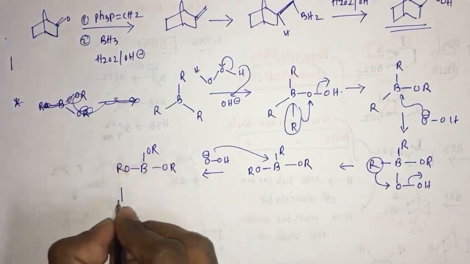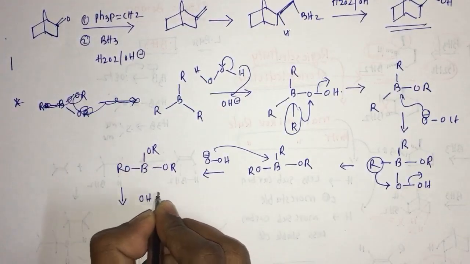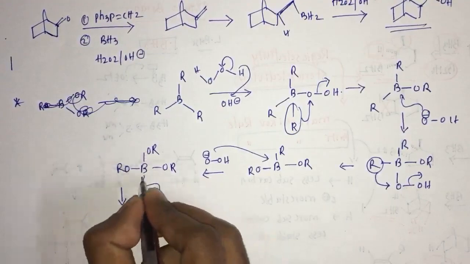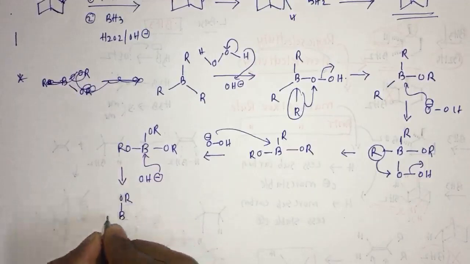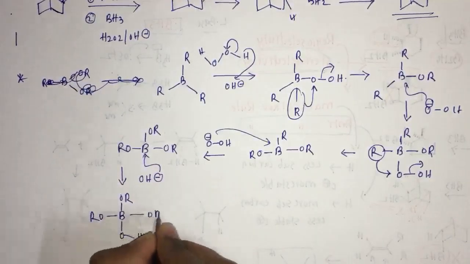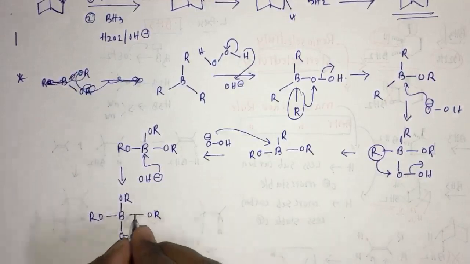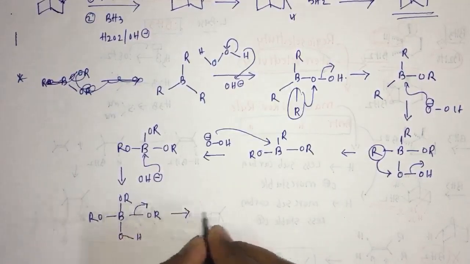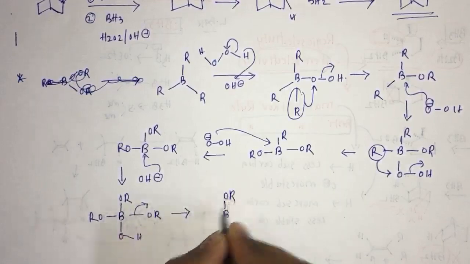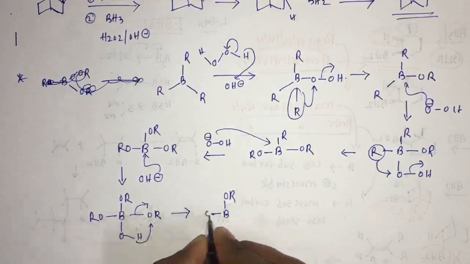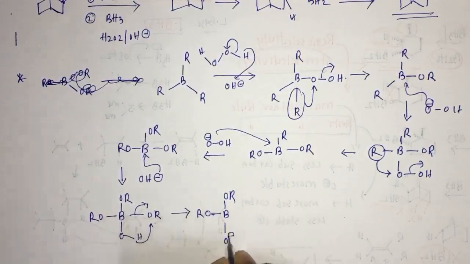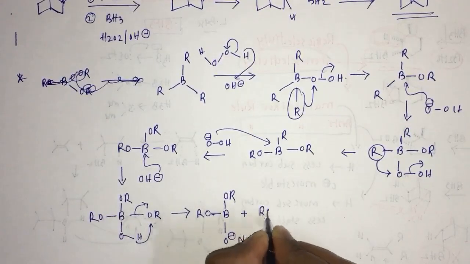Okay, now OH minus is there in the reaction mixture, so that attacks boron. B, OR, OR, OH, OR. So now this OR gets eliminated, so this OR takes this hydrogen, this will be O minus Na plus, here ROH.